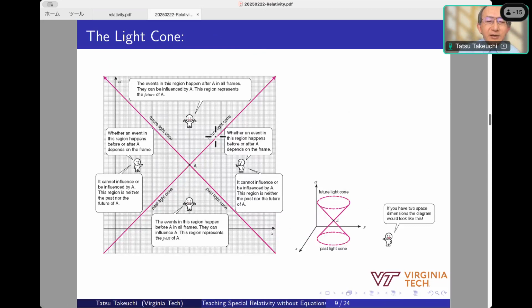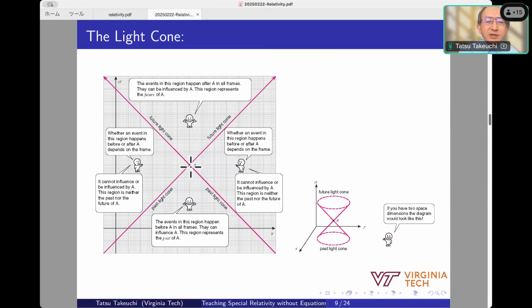And these red lines emanating from point A are the paths of the light pulses that come out from A. And all the points in this upper triangle here can be reached by a line along which the speed will be smaller than the speed of light. Okay, so all these points are the points that can be affected by whatever happens at A. So the points in this triangle are the points that are in the future of A.